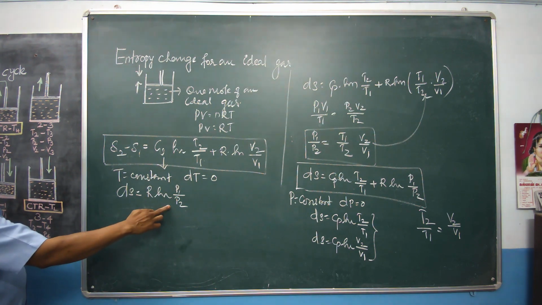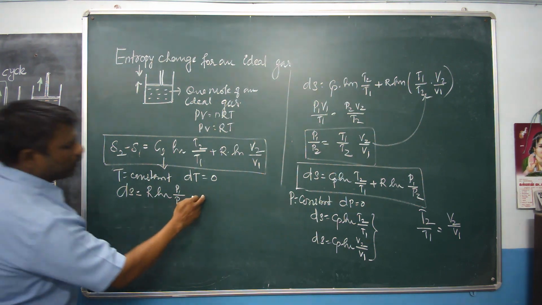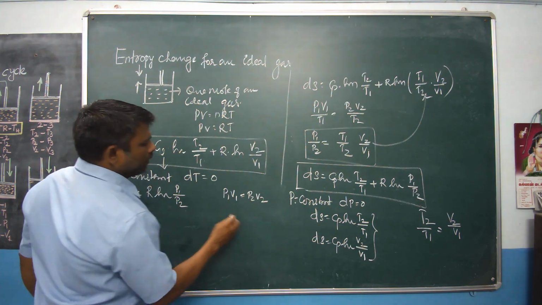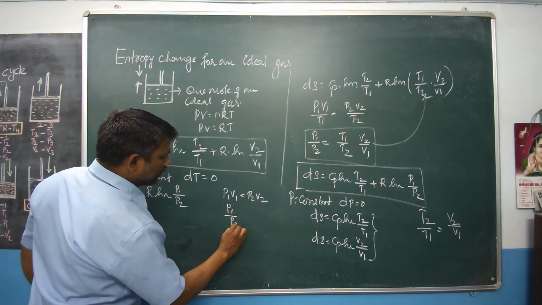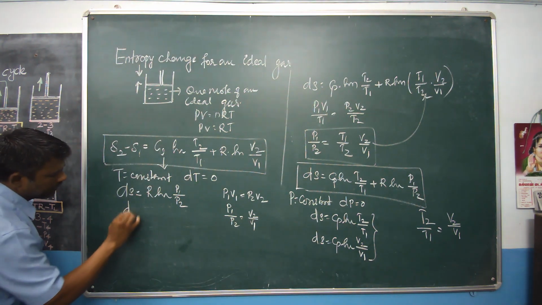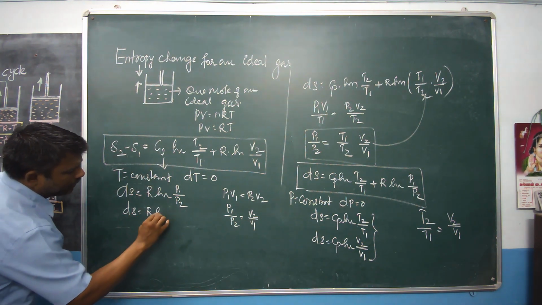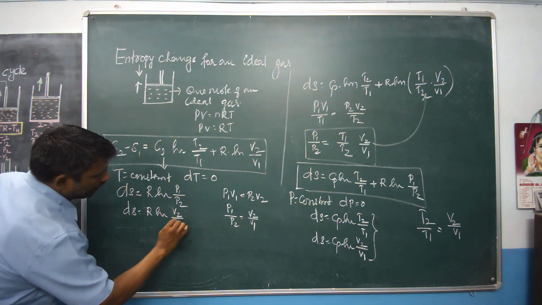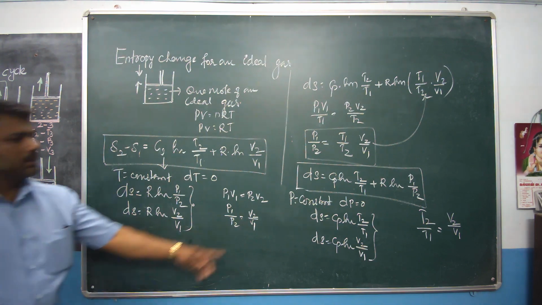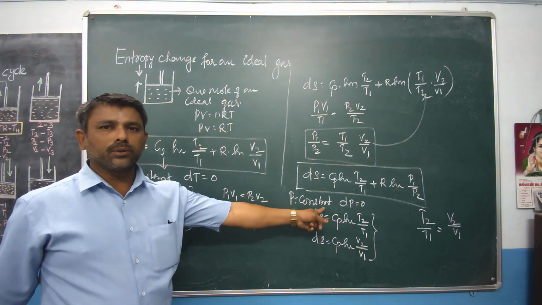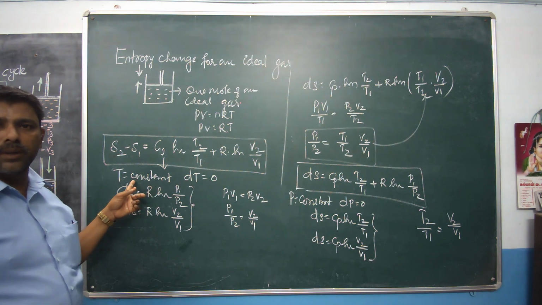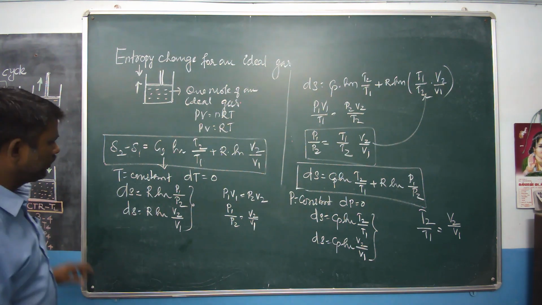This P1 by P2 is equal to V2 by V1, because P1 V1 is equal to P2 V2. So the other form of this equation, change in entropy is R into ln V2 by V1. Both are the same. Next, the constant pressure process is isobaric, and the constant temperature process is isothermal.